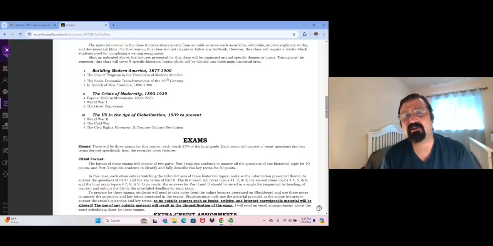The ninth and final topic is going to look at the 1960s, perhaps the last reform movement in U.S. history, which occurred in the 1960s, called the Civil Rights Movement and also the Counterculture Revolution. This period of time is going to be important because during this time, a generation of young people believed that it was essential to transform the United States into a true democracy.